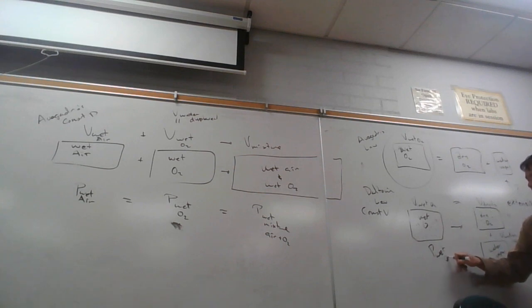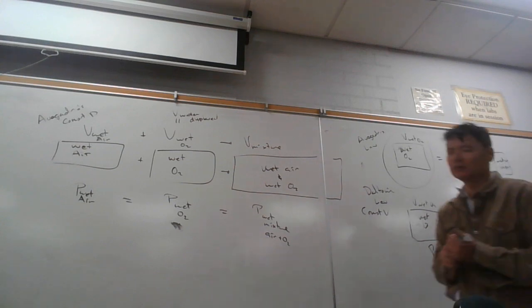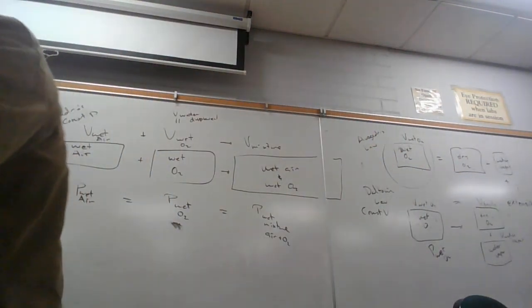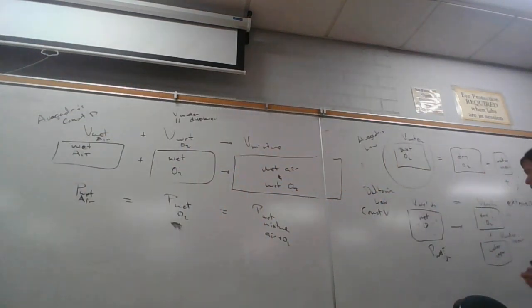The pressure of the wet O2 is the pressure due to the collisions of the oxygen and the collisions of the water molecules, which we'll do in purple here. Then we're going to have the pressure of the dry O2. And then down here we'll have the pressure of the water vapor.